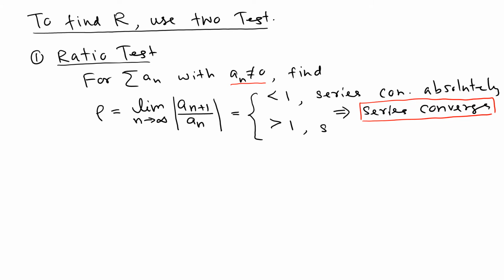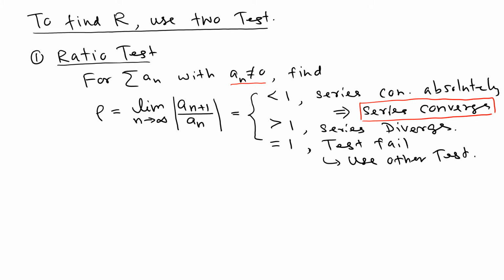In this case, the series diverges. The third case is this limit can be exactly equal to 1. If this happens, the test fails, which means inconclusive, so we have to use some other test.